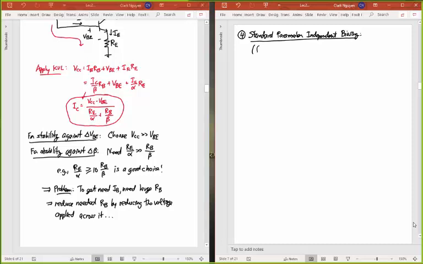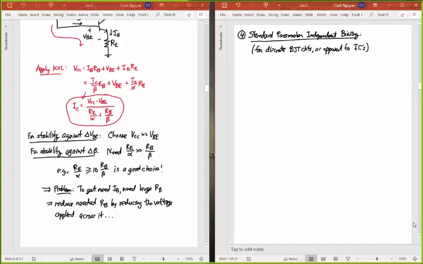Let me write what I said before. This is for discrete bipolar junction transistor circuits as opposed to integrated circuits. For integrated circuits, we'll use things called current sources.